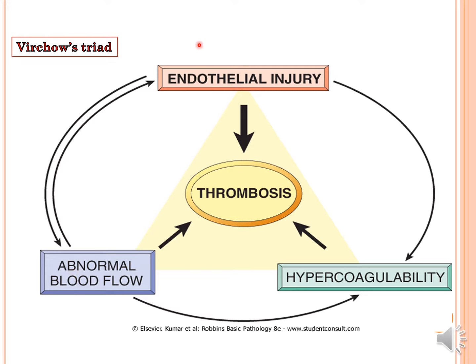For example, endothelial cell injury might lead to abnormal blood flow, and consequently both of them will be happening at the same location and will lead to thrombosis. Another example is that abnormal blood flow may sometimes lead to local effect of hypercoagulability, and so on. So these factors in Virchow's triad are very important regarding the pathology of thrombosis.